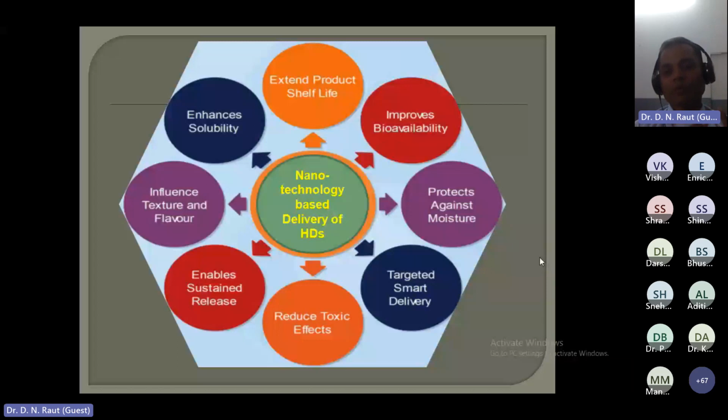So we have to find solutions for that, because nowadays we have a lot of pharmaceutical forms of herbal drugs in the market, and unfortunately we cannot monitor the fate of all these drugs in the human body.